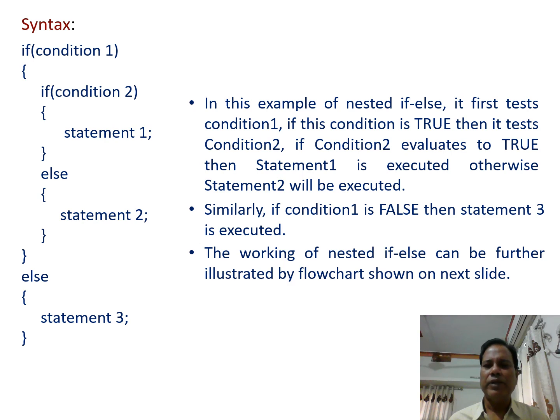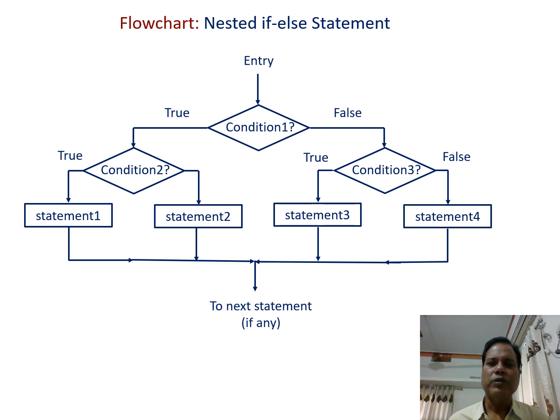The working of nested if-else statement can be further illustrated by the flowchart shown on the next slide. So this is the flowchart of the nested if-else statement. Here first condition 1 is evaluated, depending on whether it is true or false. If it is true, then condition 2 is evaluated.